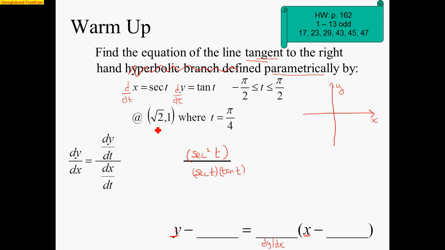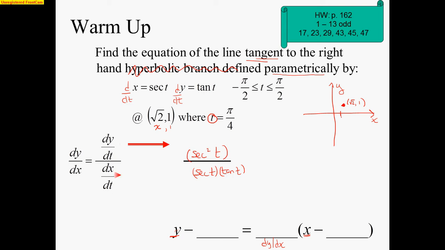This is the coordinate on the xy plane, root 2 comma 1, right, which is 1.141 comma 1. Whatever this curve looks like, there is a tangent line through this point to the curve when t is equal to pi over 4.